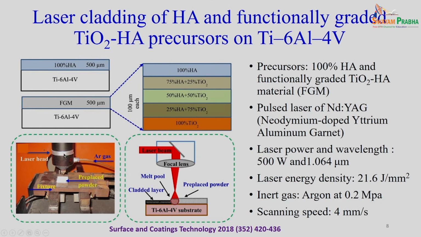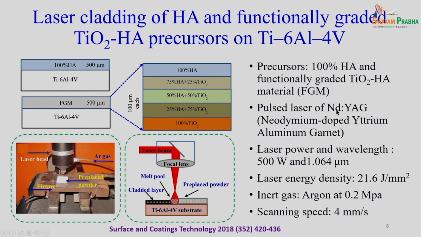This is how it works. You have argon gas, this is a laser beam and this is your substrate. Here this is the titanium substrate, this is the prepared powder of 500 micrometer thickness, and once we apply the laser, it melts and gets deposited on the surface. So, here you see this is the cladded layer, this is the pre-placed powder, and here we are applying the laser beam.